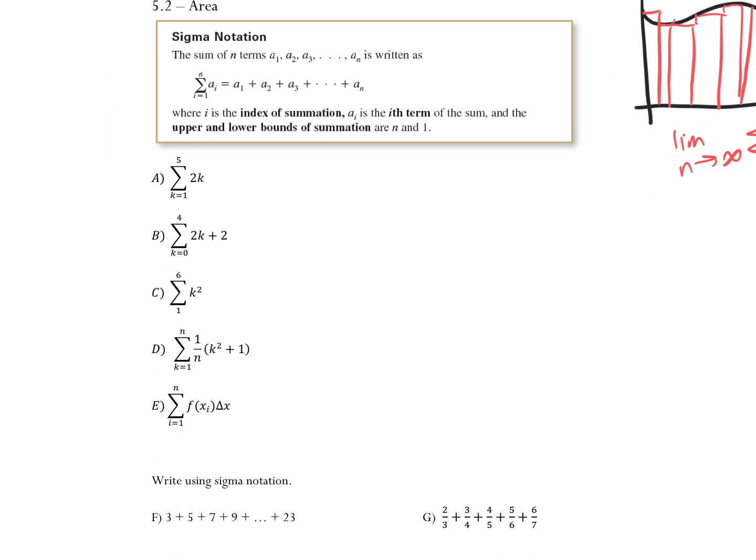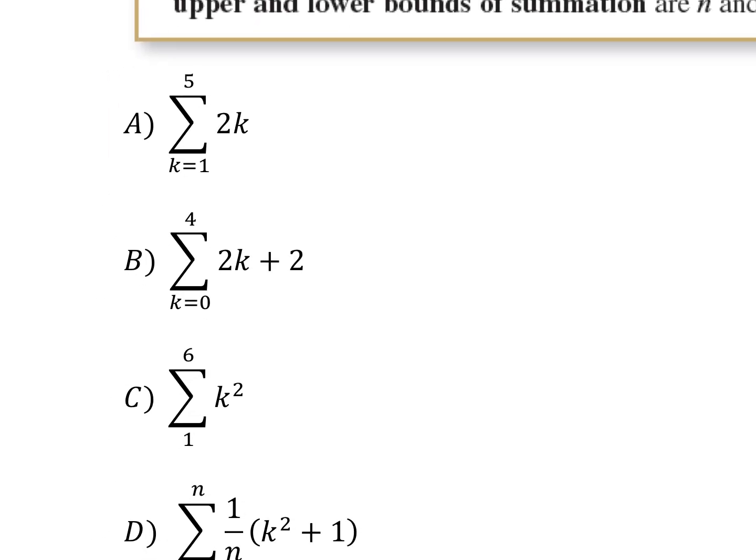In general, sigma notation starts with an index, and that index tells you which terms you are adding together. So I look at this one, and I want to say what this really tells me is I want to do 2 times something plus 2 times something plus, and those somethings are the integer values in between this number and this number, the bottom and the top.